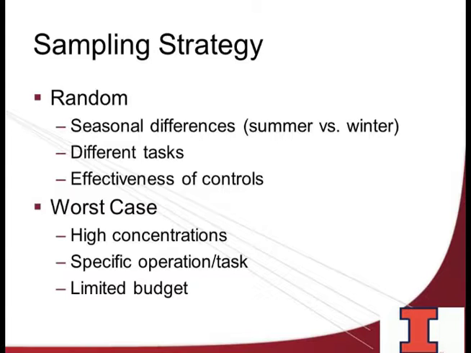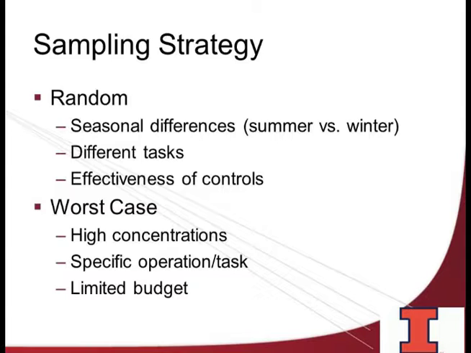A lot of times, for sampling strategies, you look at a worst case scenario. Typically, this is primarily due to budget. You only got X amount of dollars to work with, so you want to try to get what you consider are the biggest concentration areas where you might have the potential for an exposure issue.